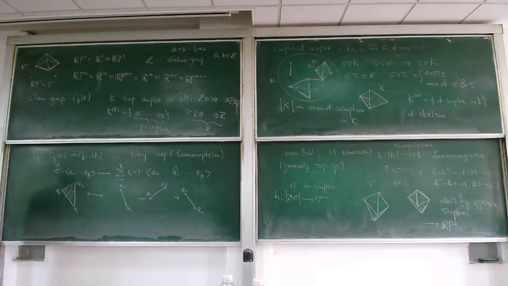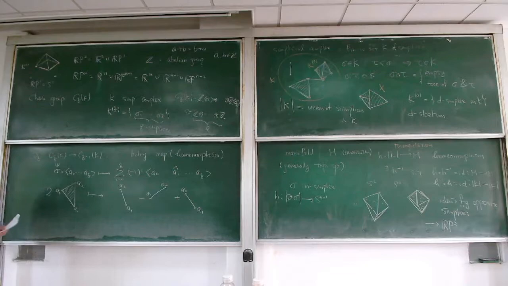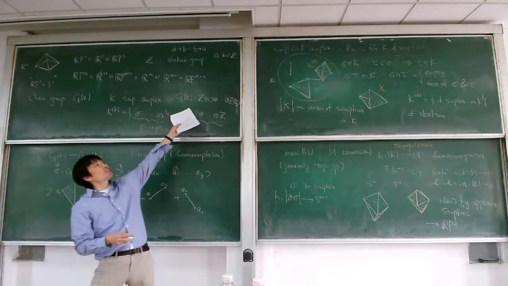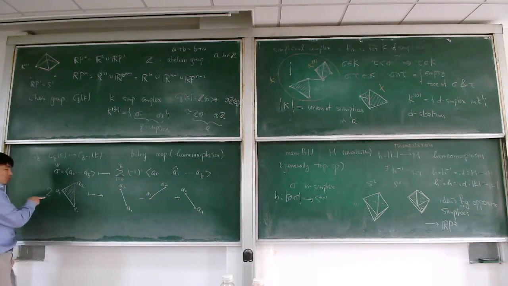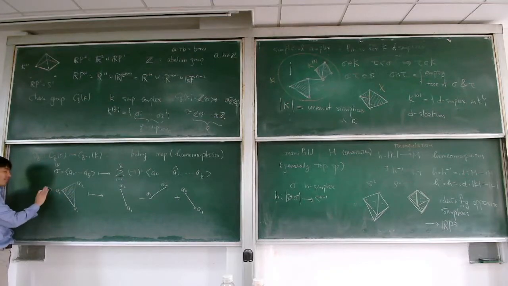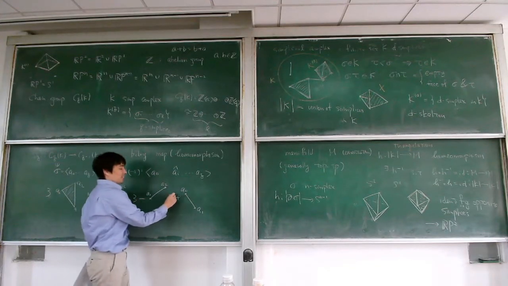So for homomorphism, if you consider two copies of this two simplex, it's a group and you just count the integer number of simplices. If you consider three copies, you just multiply by 3 and 3 and 3.